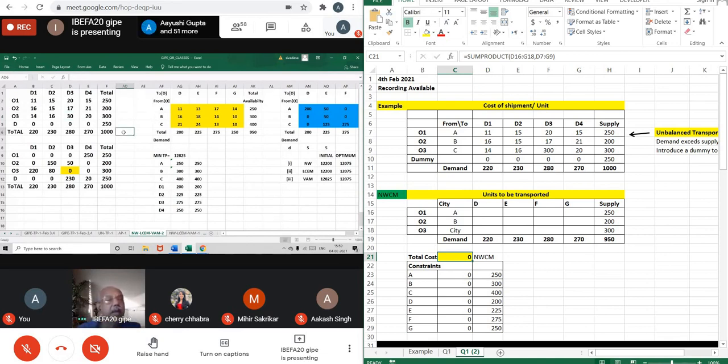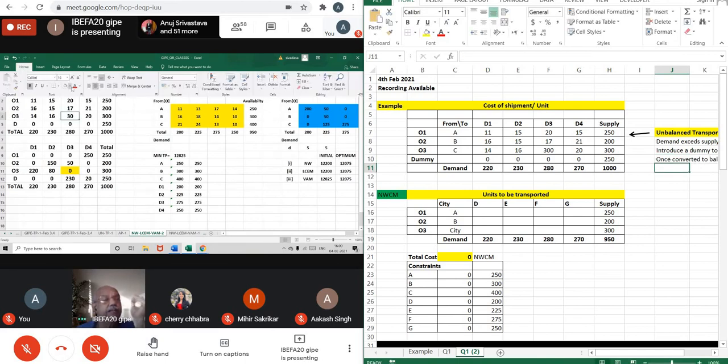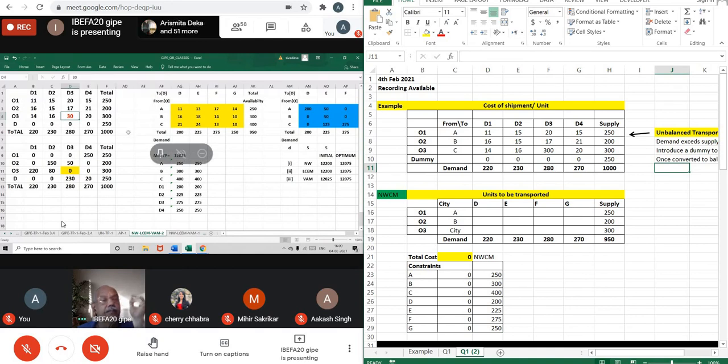Okay. Now, from O3 to D3, he doesn't want to sell the product. He doesn't want to send the product to D3.